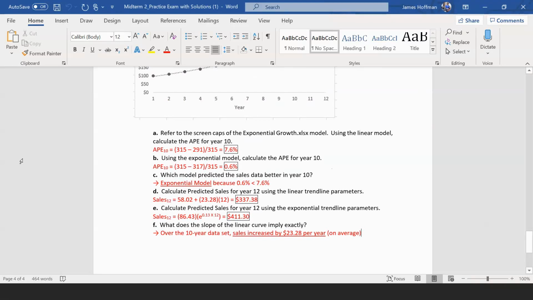Okay, so questions on this one, number 2. Anything for the absolute percentage errors, the predictions, the interpretations of the linear slope.